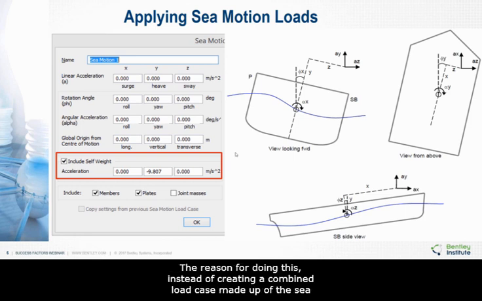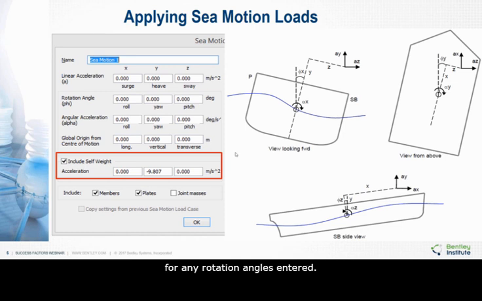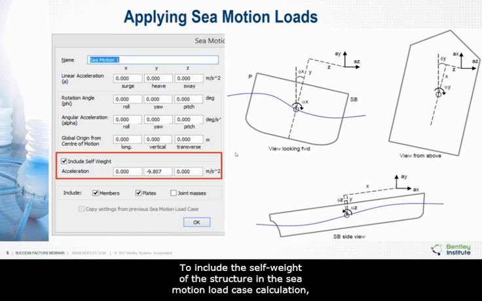The reason for doing this, instead of creating a combined load case made up of a sea motion and a self-weight case, is because linear accelerations due to gravity will be adjusted for any rotation angles entered. To include the self-weight of the structure in the sea motion load case calculation, tick the Include Self-Weight checkbox. If this was a little bit complicated, don't worry, all this information is in the MultiFrame manual.